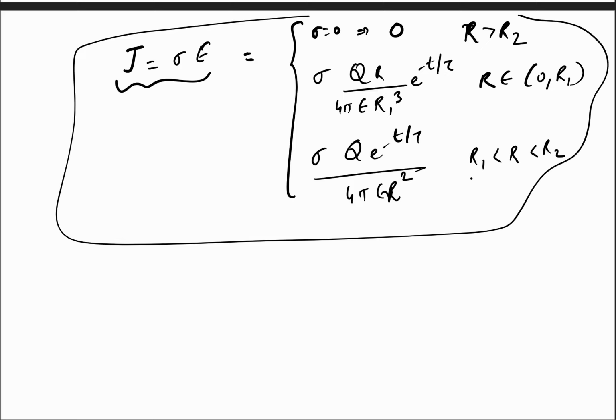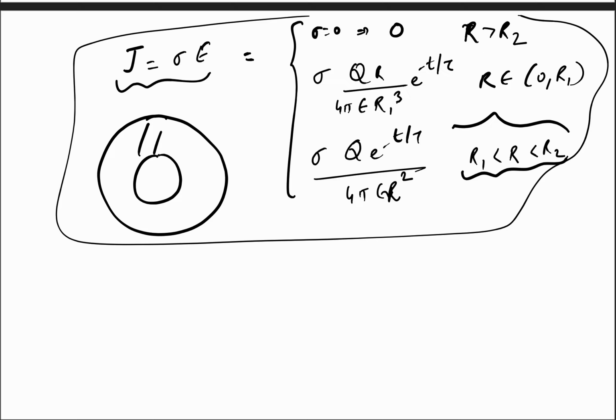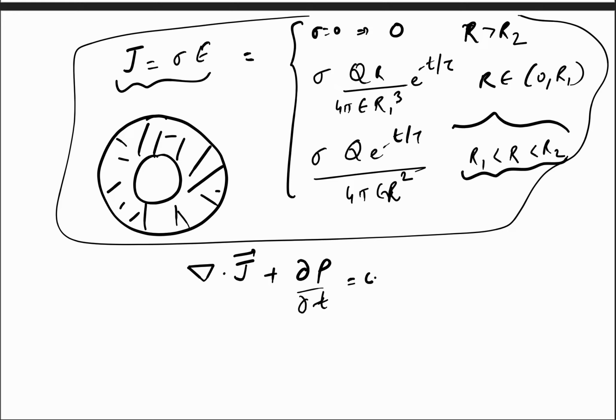So you see, there is a current, but the total charge density is still zero in the portion which was not charged initially. So in this portion, there is a conduction current, but the total charge density is still zero. Now, we have seen that the continuity equation is del dot J plus d rho by dt is equal to 0.